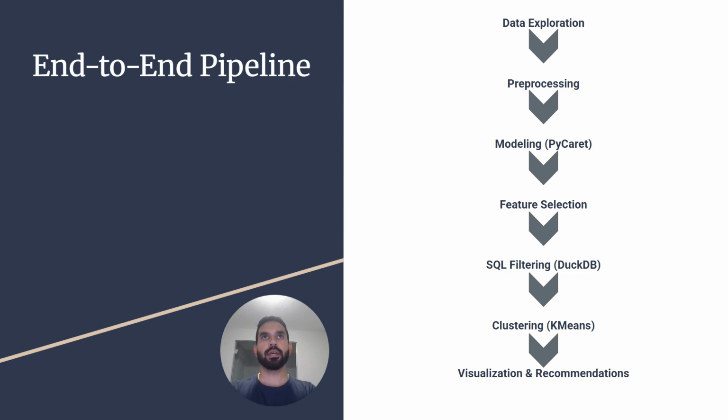And then I did some feature selection to find the most relevant features pertaining to the problem. And then used SQL DuckDB to further isolate subscribers. And then used k-means clustering to find the clusters of customers. And then finally some recommendations.